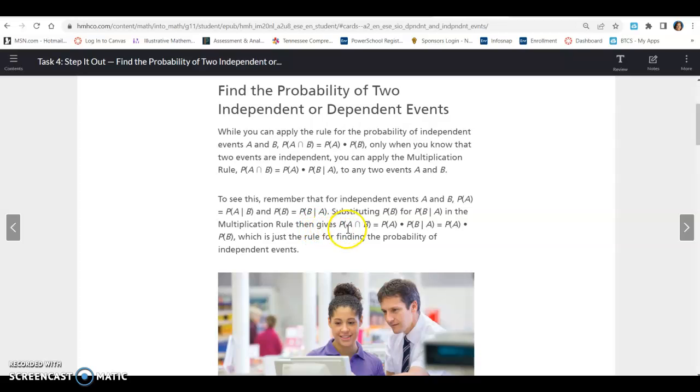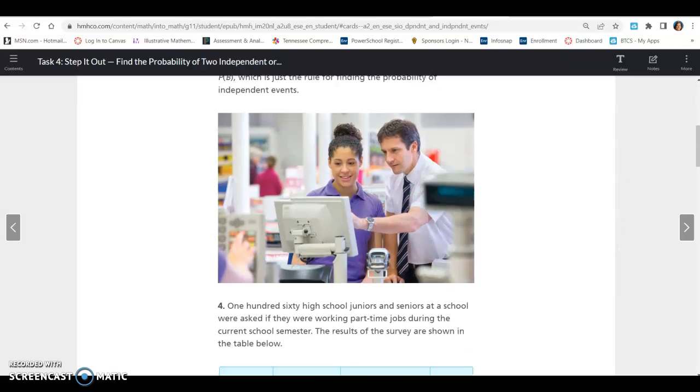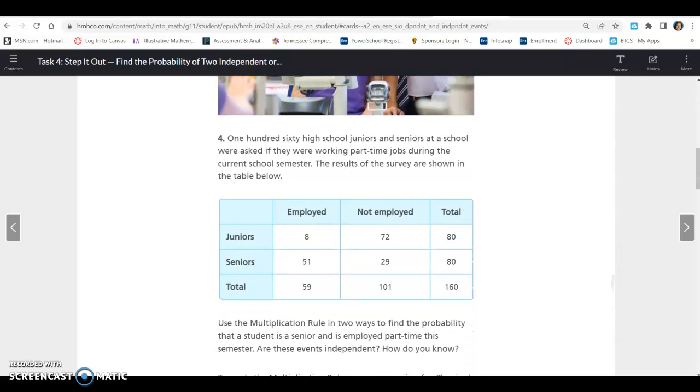This gives the rule for finding the probability of independent events. What that's saying is, it's basically showing in symbols, mathematical language, that if you use this, it will work.